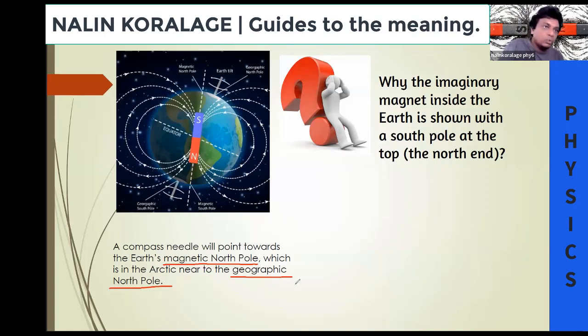Let's say somewhere here we have the magnetic South Pole, and towards the Arctic side we have the magnetic North Pole, and then we have that hypothetical magnet from here to there. We can mark the poles of the bar magnet: it is going to be the South Pole here and the North Pole there.